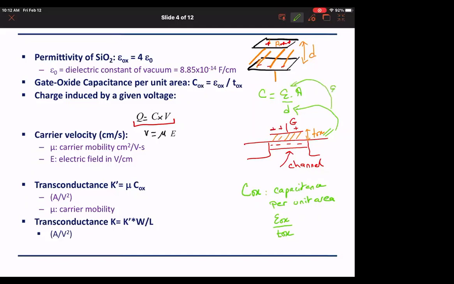So I'm determining the first portion of the equation because it is always constant for all devices, for all transistors that have the same Tox. So we define this capacitance Cox equal epsilon ox over Tox.